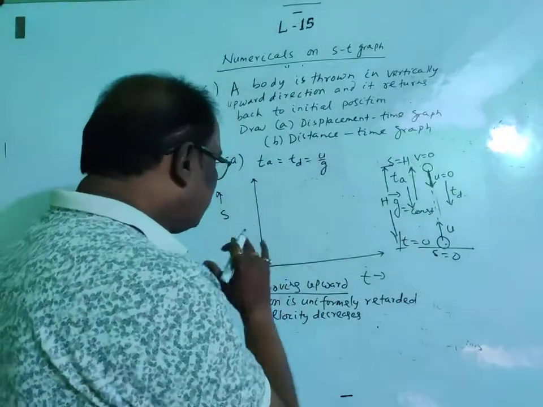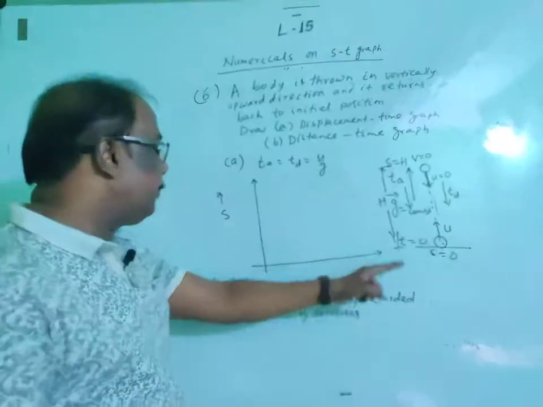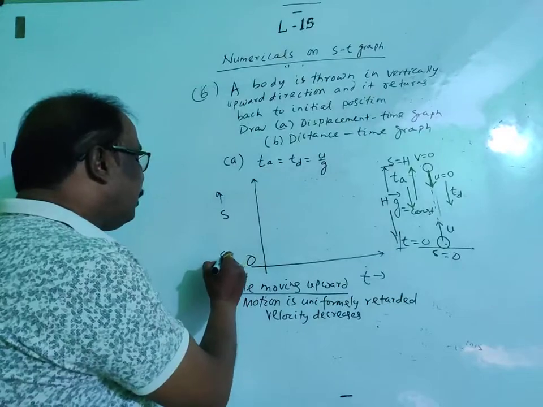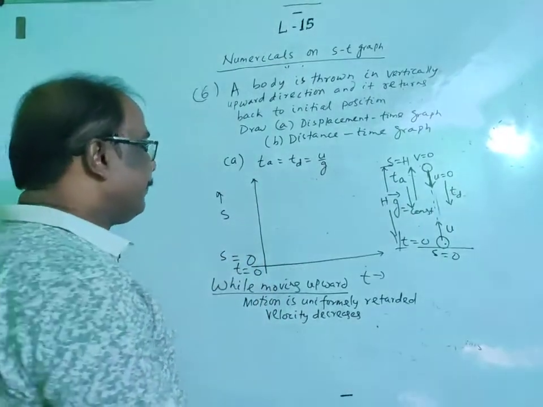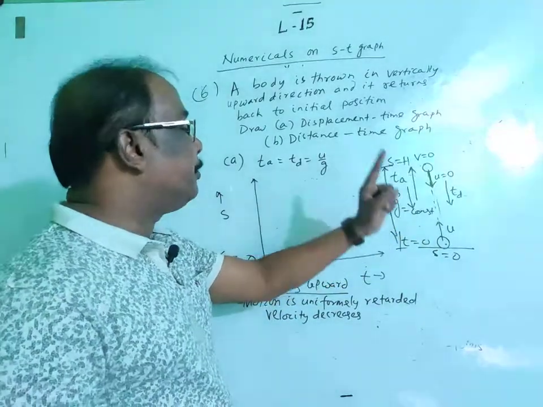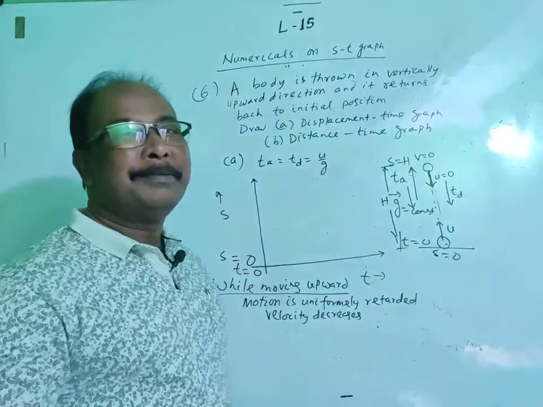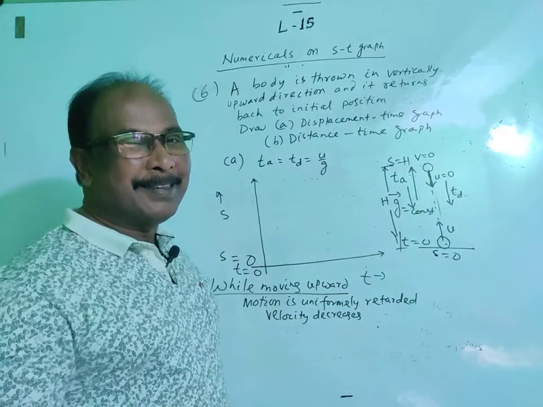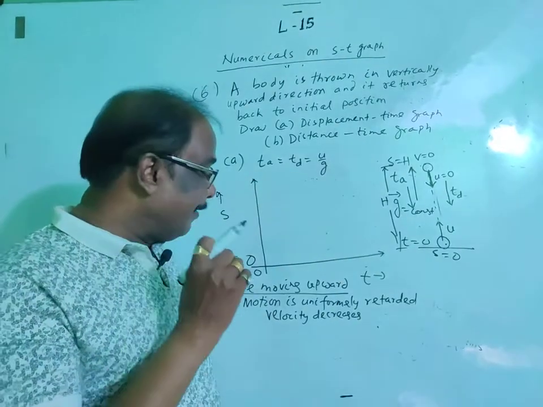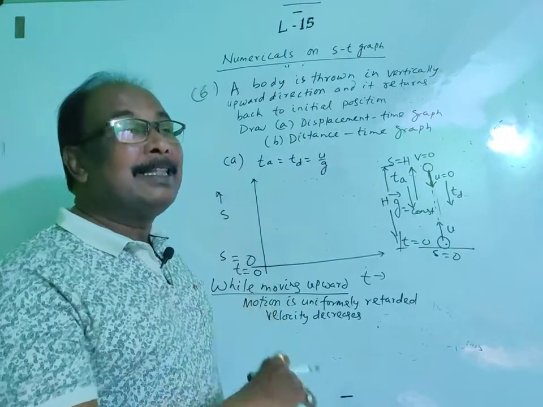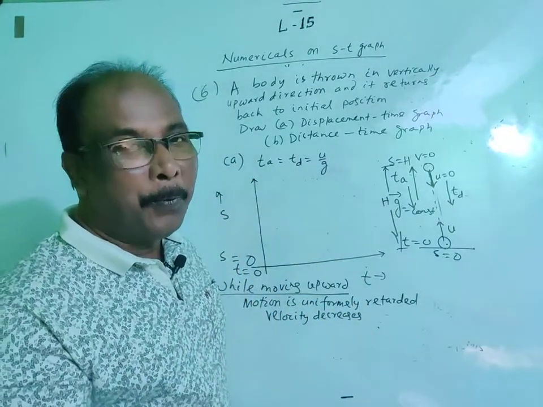Okay, so we are drawing the displacement time graph. Initial position is 0 and time is 0. And the motion is uniformly retarded. As we have discussed, from the s-t graph, if velocity increases, then the graph is a curve bending upward.